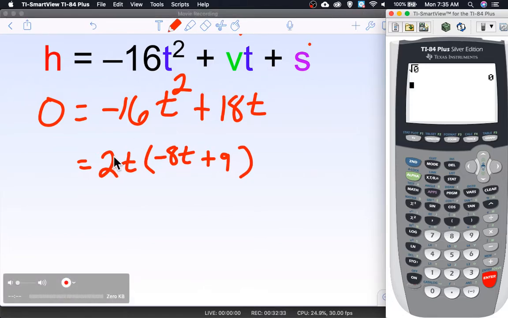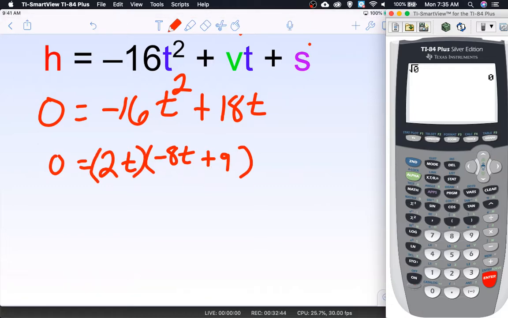If we multiply this back out, negative 16t squared plus 18t equals 0. Hey, that's two things being multiplied together equals 0. So either 2t equals 0 or negative 8t plus 9 equals 0.